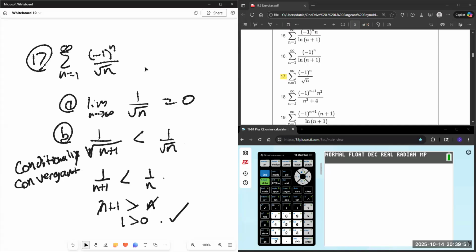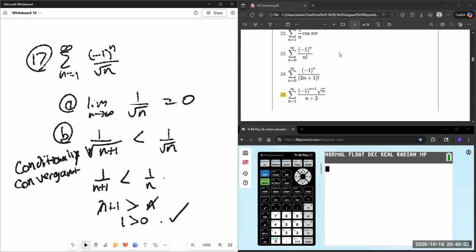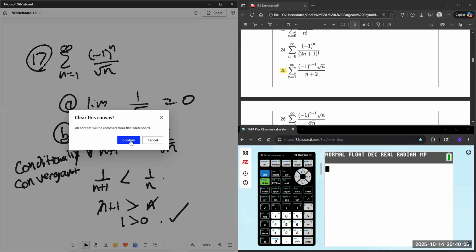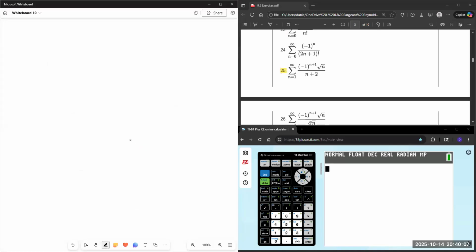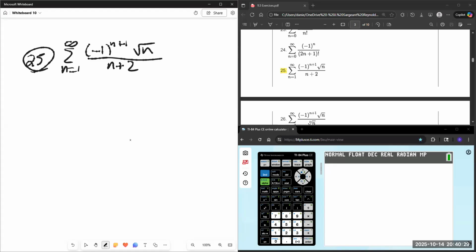Let's look at number 25. Summation n equals 1 to infinity, negative 1 to the n plus 1, root n over n plus 2.